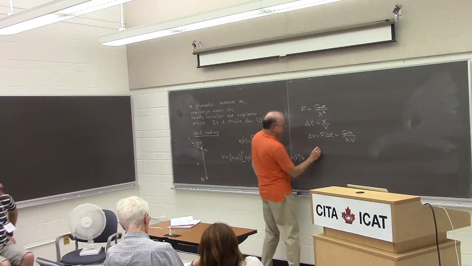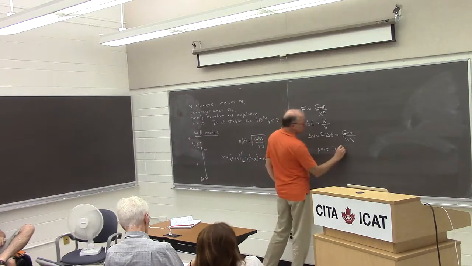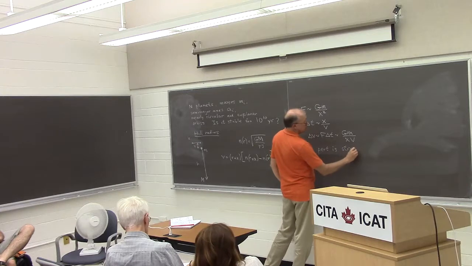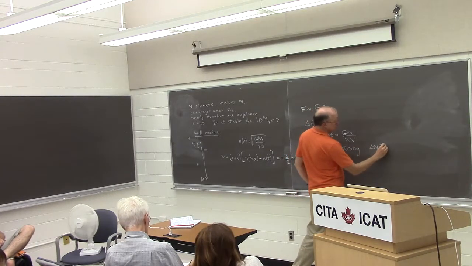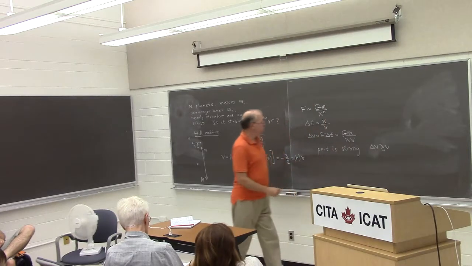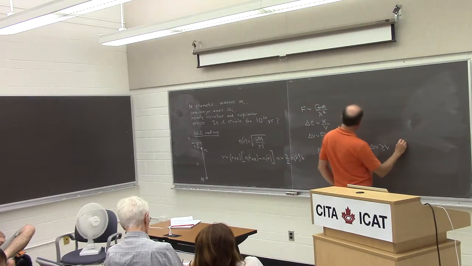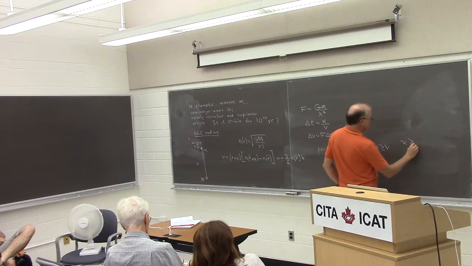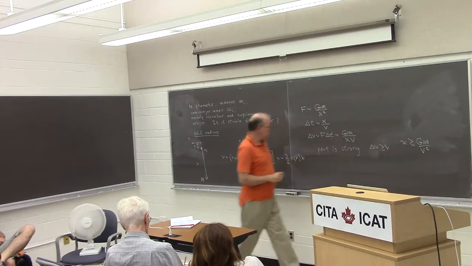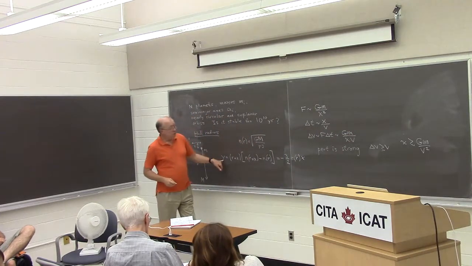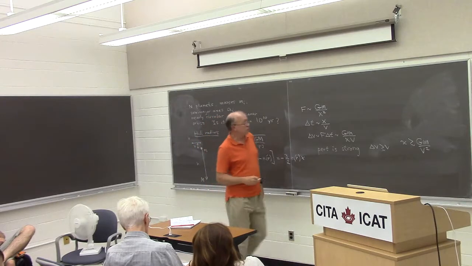And the perturbation that it gets is strong, obviously, if delta v is of order v, and that in turn says that it's strong if x is greater than approximately Gm over v squared. But we know that the velocity depends on x, not worrying about the factor of 3/2.